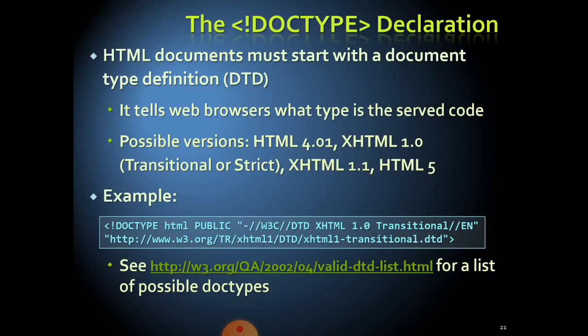Doctype declaration. HTML documents must start with a doctype definition, that is DTD, document type definition. It tells web browsers what type of code is being served, that means what version of HTML it is. The possible versions are HTML, XML or XHTML, extensible hypertext markup language.